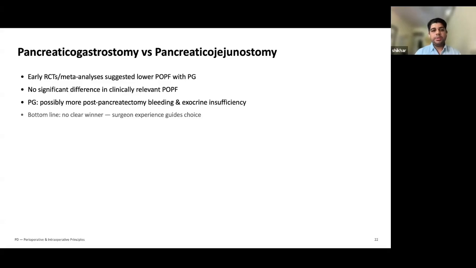Regarding comparison between pancreaticogastrostomy and pancreaticojejunostomy, the early RCT and meta-analysis showed a lower rate of postoperative pancreatic fistula with pancreatico... Let's not discuss other studies. Just go on with your practical points here. Everybody knows what the studies and the meta-analysis say. We have to discuss the technical point, the practicality.